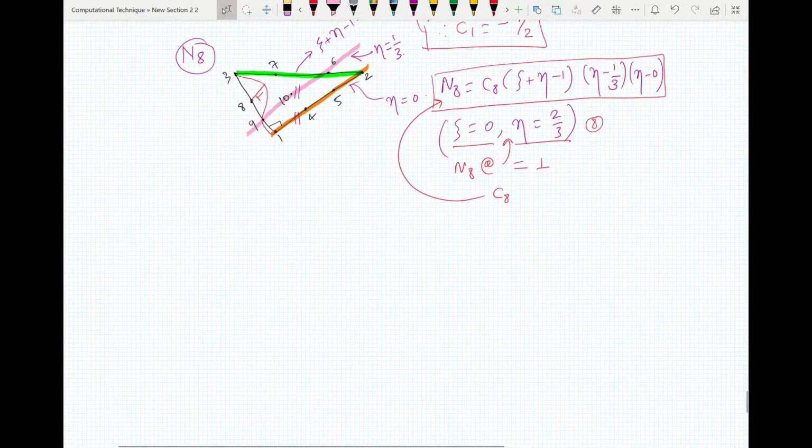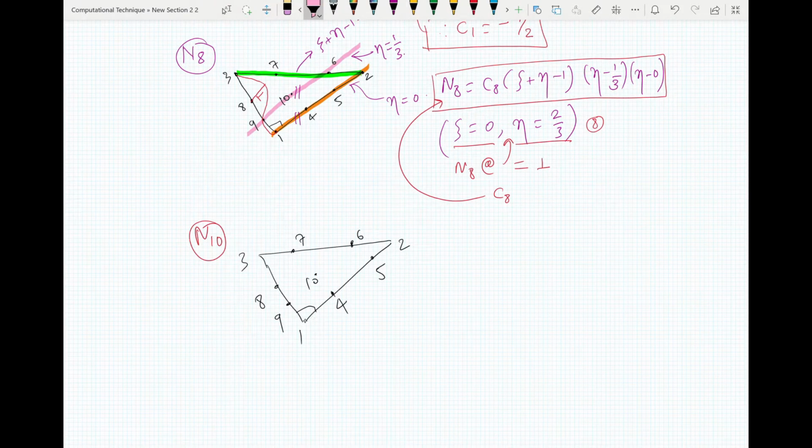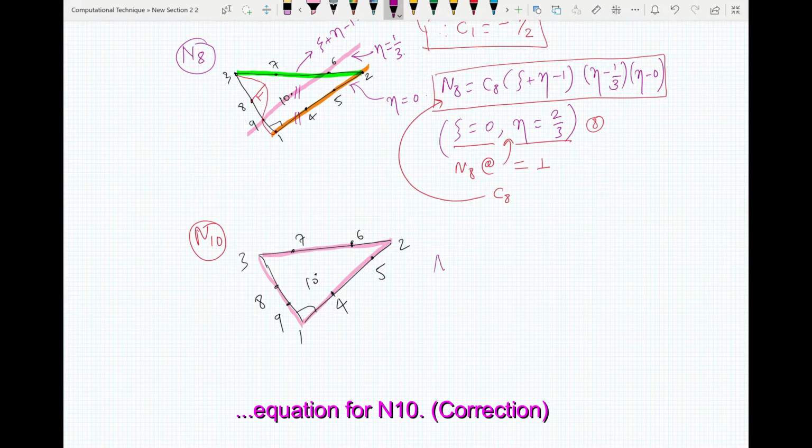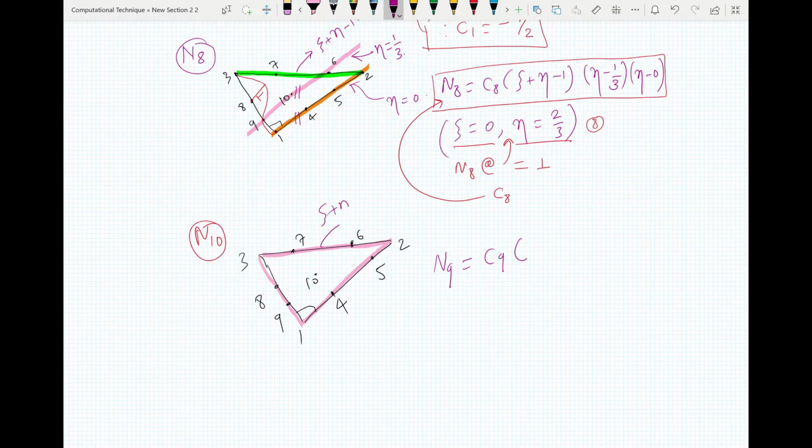So N10 should be 0 along all these lines. All these lines contain all the nodes except 10, so you can directly form the equation for N10, which equals C10 times this equation, xi plus eta minus 1, this eta equals 0, and this xi equals 0.